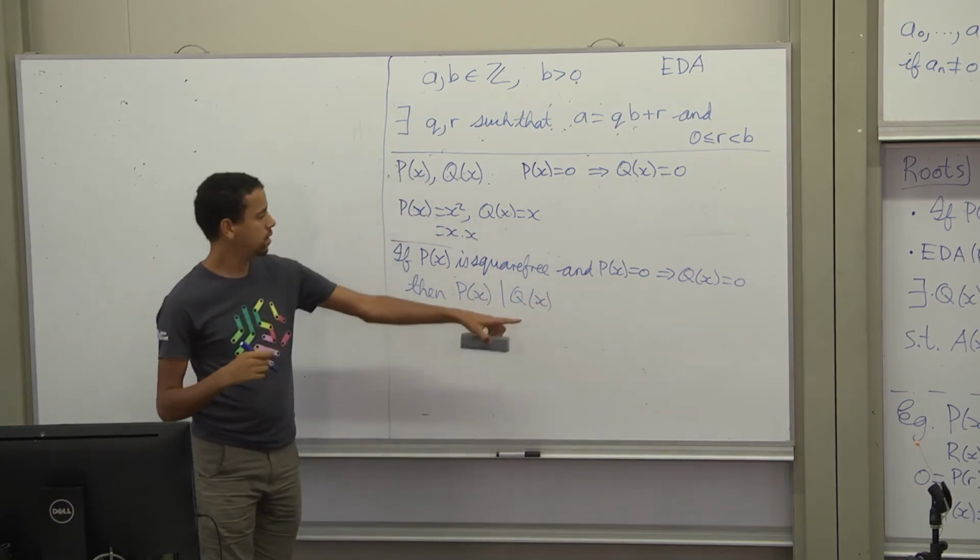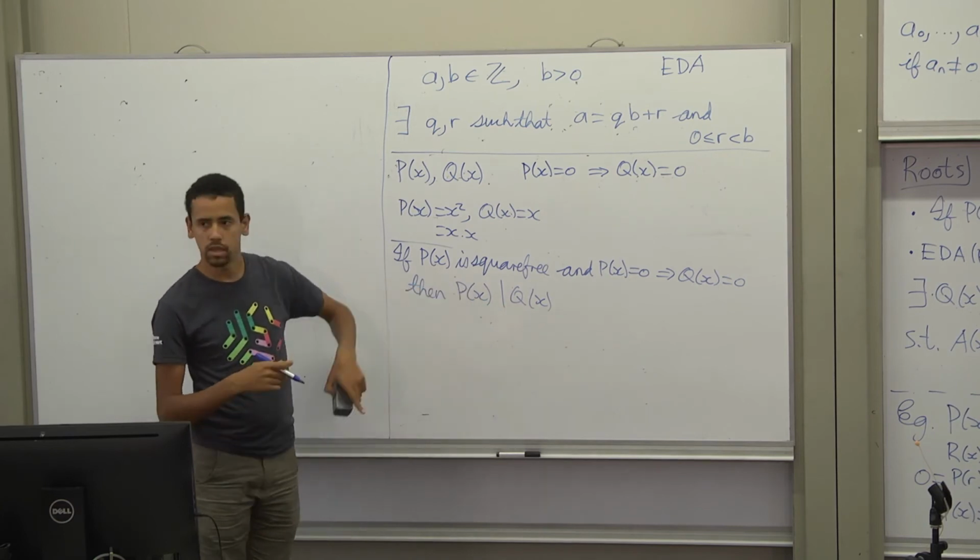So I can write q as p of x times another polynomial.